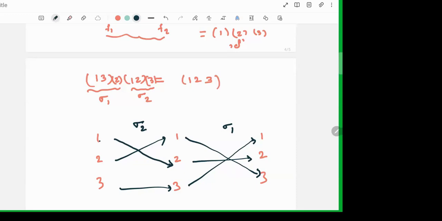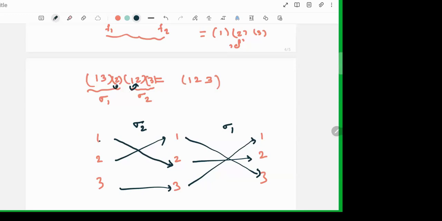Is this clear? Yeah. You are saying something? When we write on the right hand side, if I start with one, 1 goes to 2, then 2 goes to itself, right?